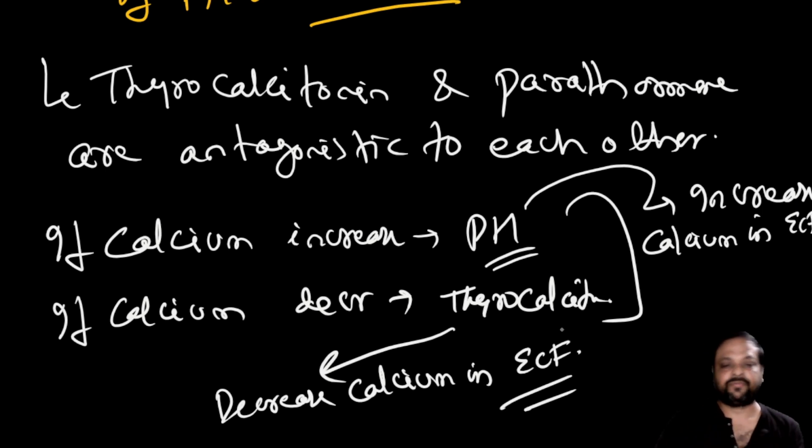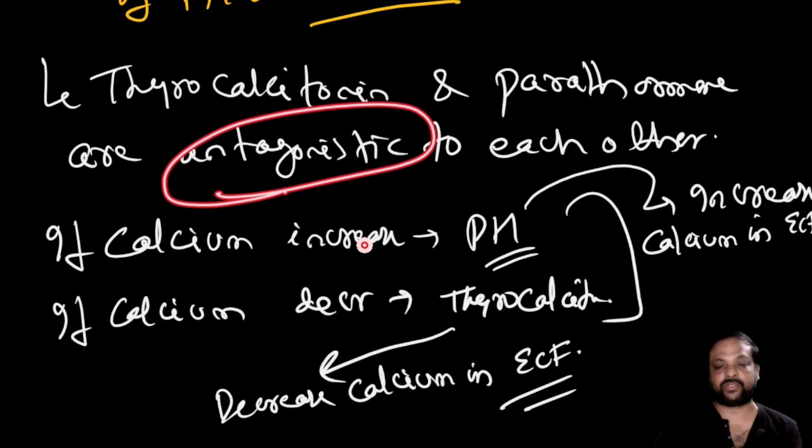Got it? So we find they are antagonistic to each other. The increase or decrease in calcium depends upon the secretion of parathormone and the thyrocalcitonin hormone. So if parathormone increases, then thyrocalcitonin decreases. If thyrocalcitonin increases, then parathormone decreases. So this is called antagonistic action.